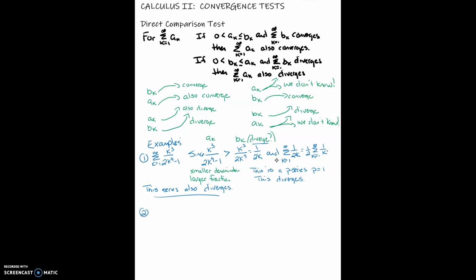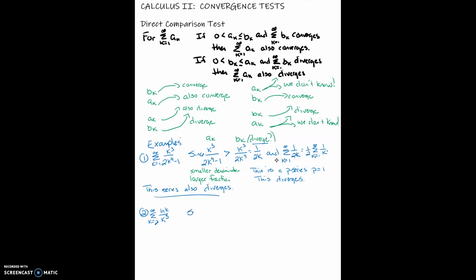Let's try another one. Let's take the sum as k goes from 2 to infinity of the natural log of k over k cubed. Now it's not a problem that we're starting at 2. As long as we're starting after 1, you'll notice my series has to start at 1 or past that.